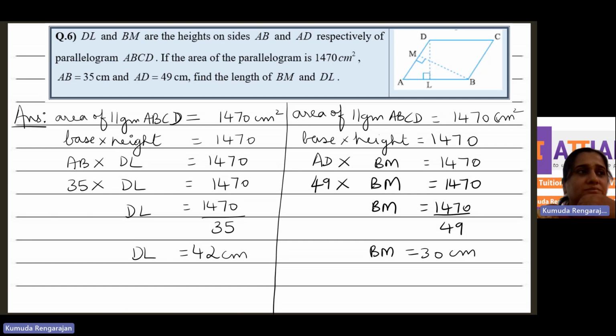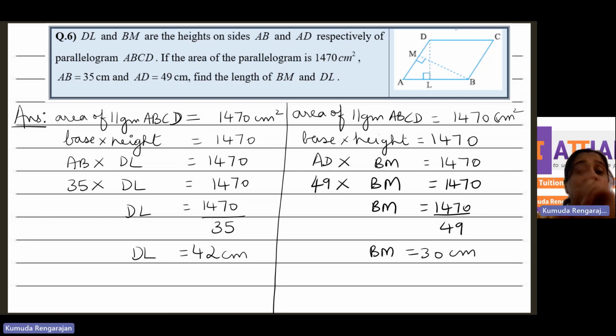How much is AB? And how much is AD? What do you call AB and AD? The sides of the parallelogram.